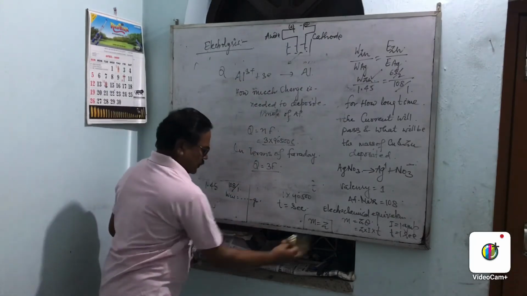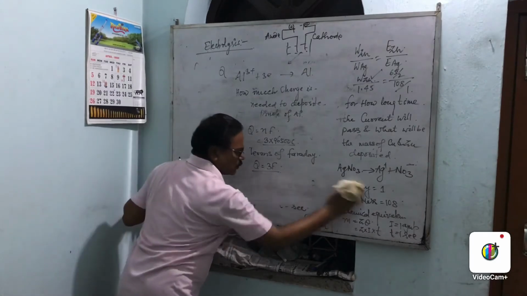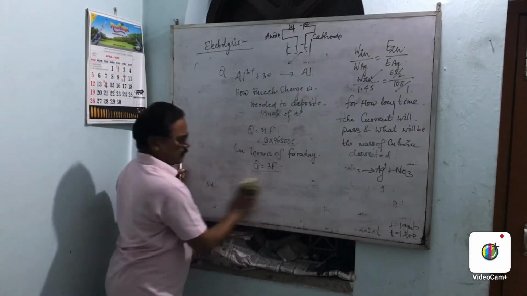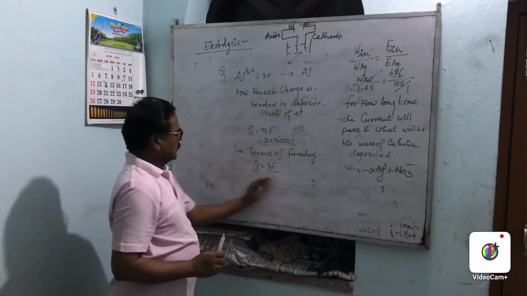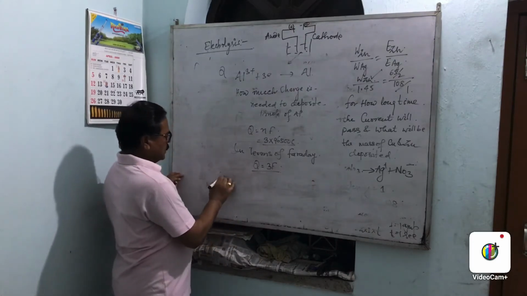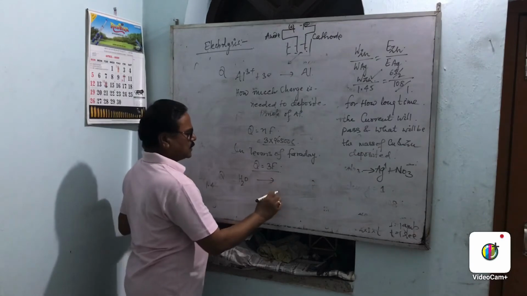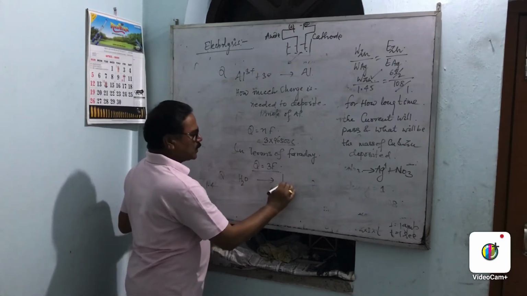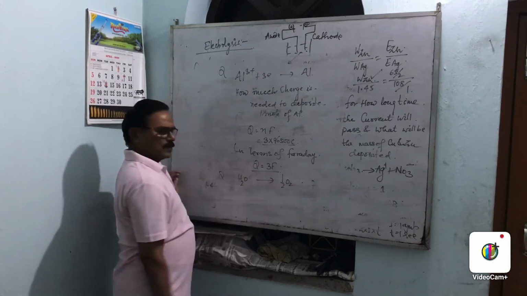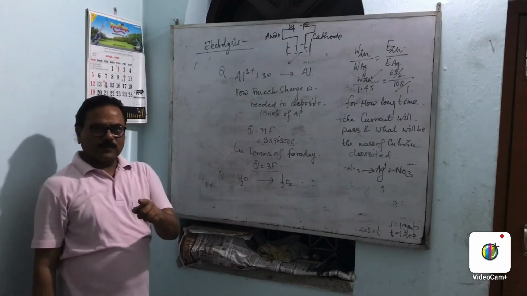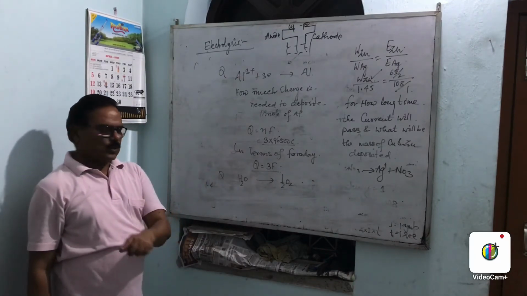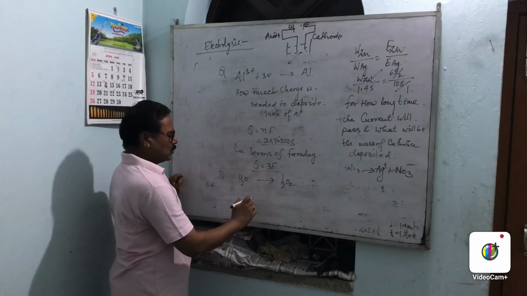Suppose another question, we take H2O. How much charge is needed to oxidize 1 mole of water to oxygen? You have to be very careful in that question. 1 mole, we need not balance.